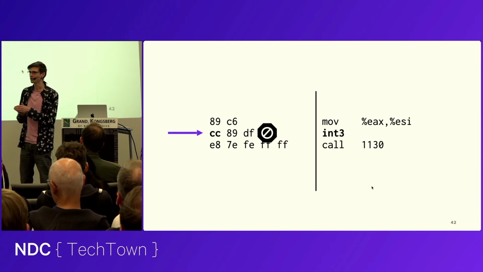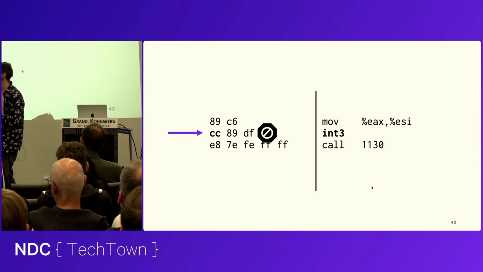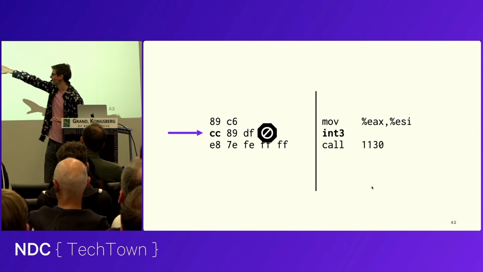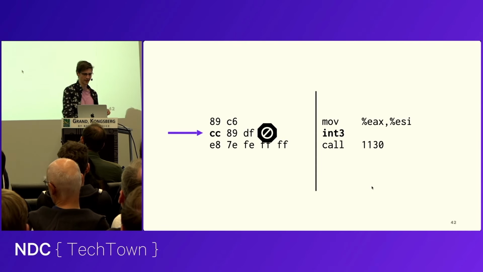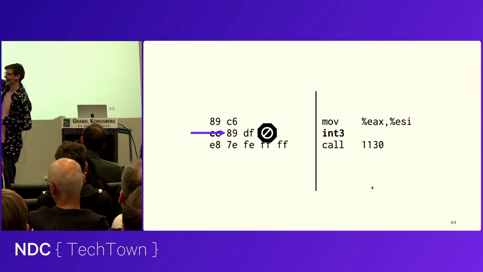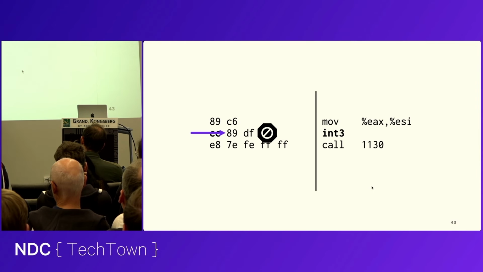Now what happens when we want to continue, keep going? Well, this purple line here is actually kind of wrong, because at this point we're pointing at this 0x89, which is probably not a real x64 instruction.